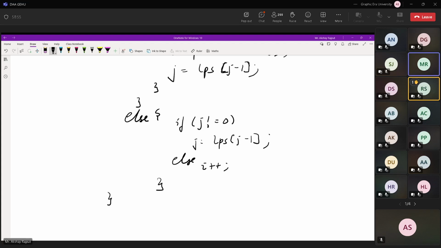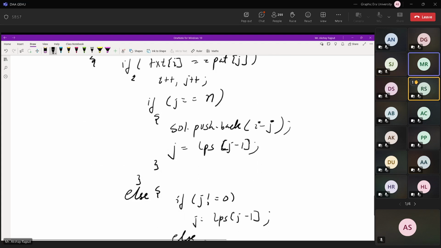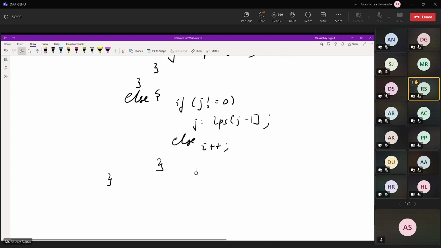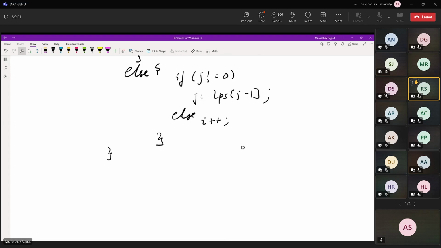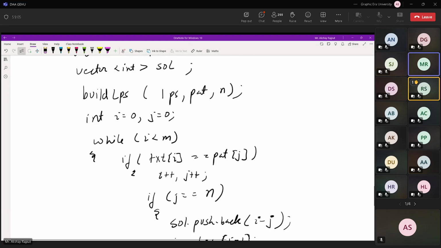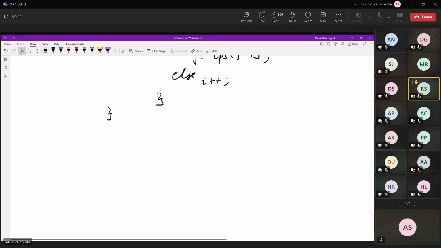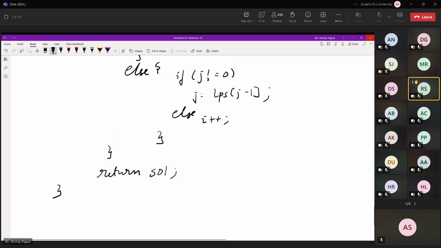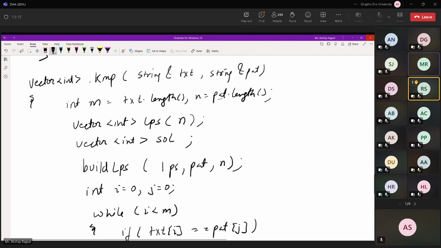The while loop is closed. So we can return the solution. This is how we are going to do the KMP search.